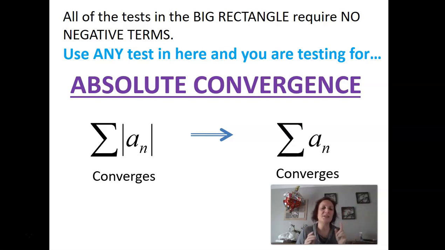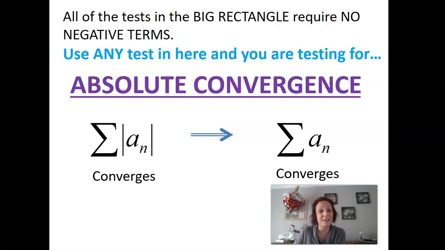So all the terms that should have been taken away, instead of taking them away, I added them back. And it still went to a finite value. That's called absolute convergence. And the fact is, if a series will converge after you took its negatives away, it certainly will converge if you give back its negatives. So if you can prove that a series converges absolutely, you've proven that the series itself converges.